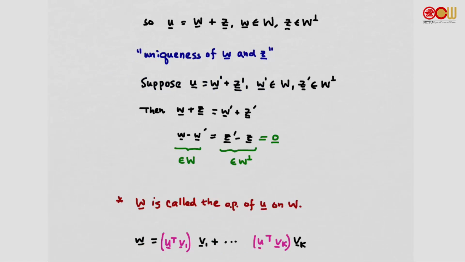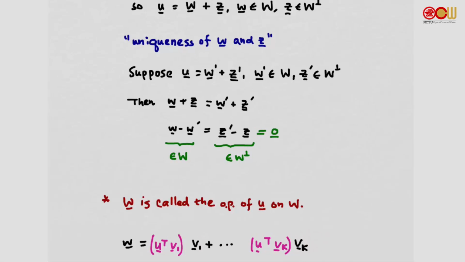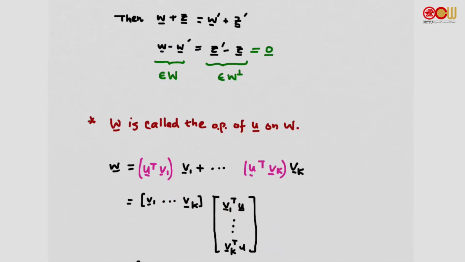This unique w vector is called the orthogonal projection of u on the subspace W. And it's given by the expression that we had earlier. But we can rewrite it a little bit. This is a linear combination of the v vectors, so we can write it as a matrix-vector product, v1 to vk, and these are the linear combination coefficients.